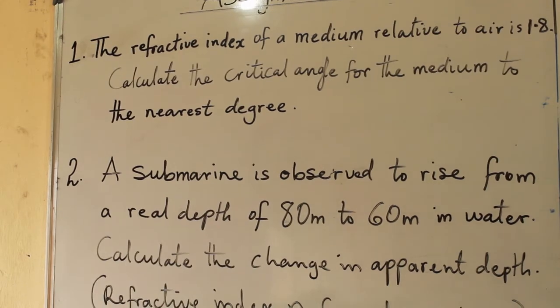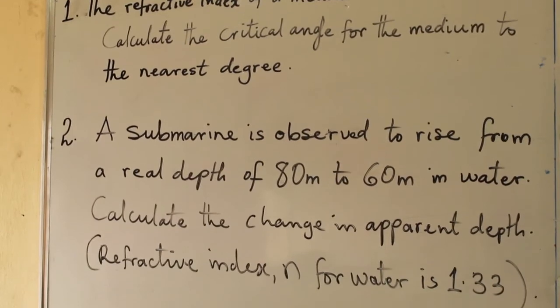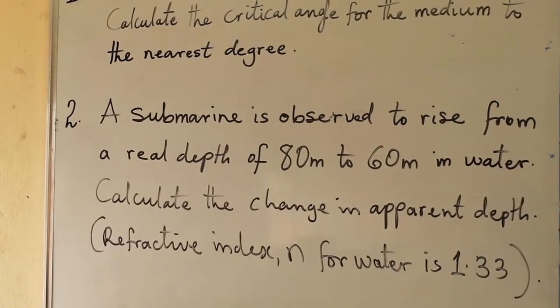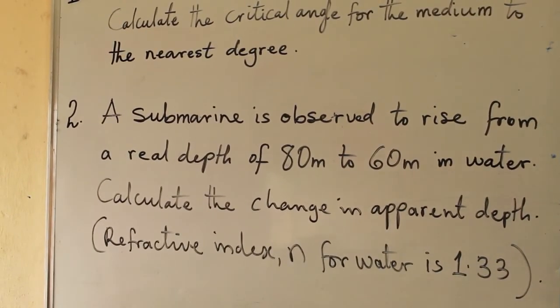Number 2. A submarine is observed to rise from a real depth of 80 meters to 60 meters in water. Calculate the change in apparent depth, given refractive index n for water is 1.33.